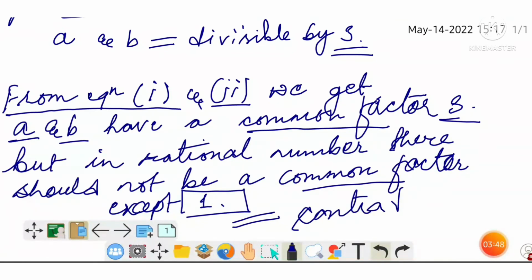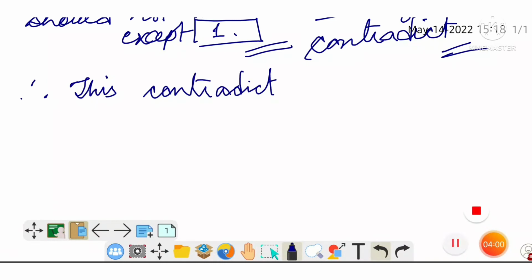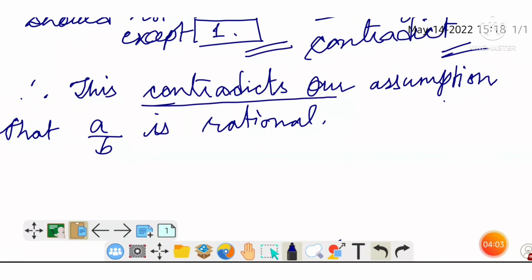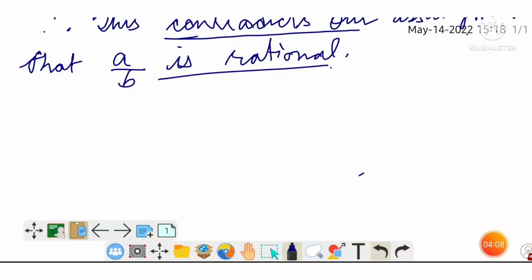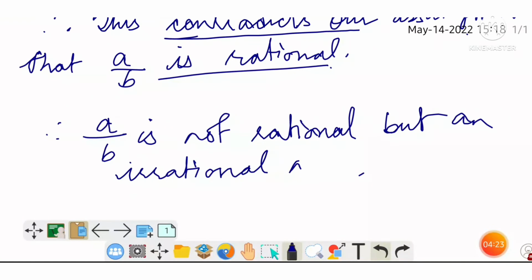So this contradicts our statement. Therefore, this contradicts our assumption that a by b is rational, since it has 3 as a common factor. So a by b is not a rational number, but it is an irrational number. We'll write it like this.